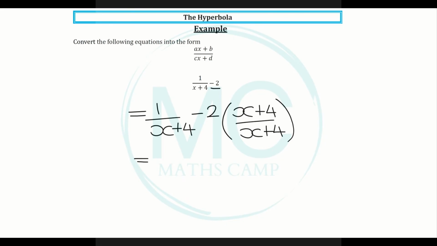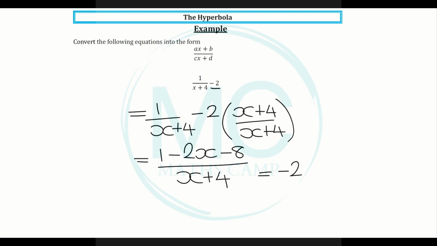So now we have 1 minus, let's multiply 2 and x, we get 2x. Negative 2 multiplied by 4 gives us negative 8, all over the denominator of x plus 4. And this becomes negative 2x minus 7 over x plus 4.